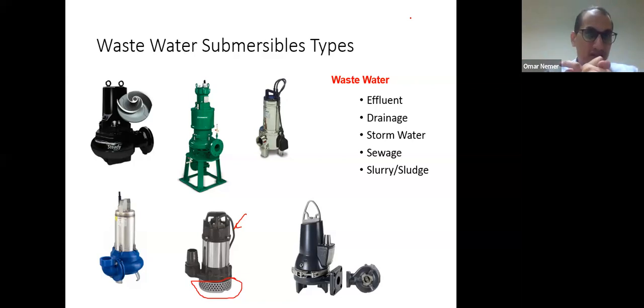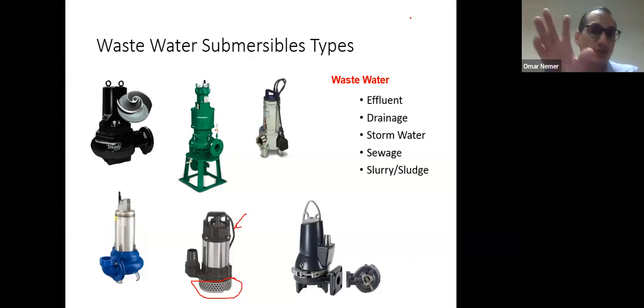So, drainage and sewage. Now, stormwater is close to drainage. But because this kind of water may have sand, stones, something more solid, these kinds of pumps could be the same as the sewage or drainage ones, but usually we focus on the impeller being stainless steel.